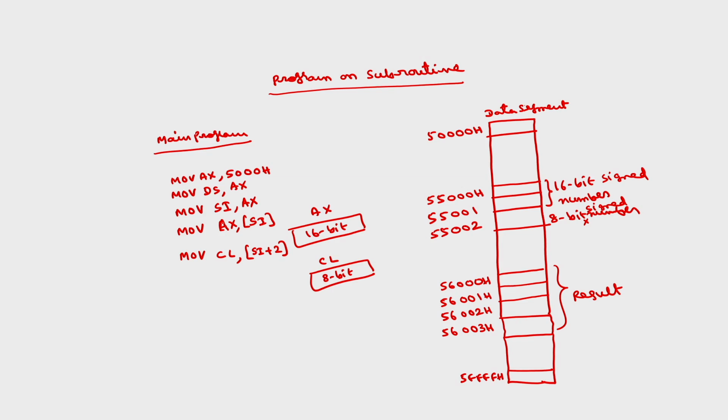Instead of AX I will store the 16-bit number in CX, because for the sign extension I want the 8-bit number to be stored in AL. So in CX I am storing the 16-bit number, and in AL I am storing the 8-bit number. Then I am calling the multiplication subroutine, call multiplication subroutine.